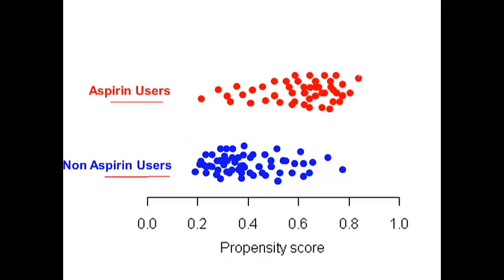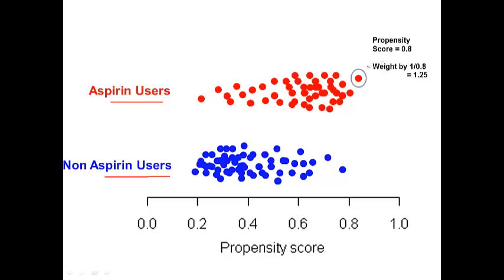You can see the higher the propensity score, the more patients you have in the aspirin group, and you have more patients with smaller propensity scores in the non-aspirin group. This imbalance causes bias, because users are sicker to begin with. So we need to correct this sampling bias. That's where weighting becomes useful.